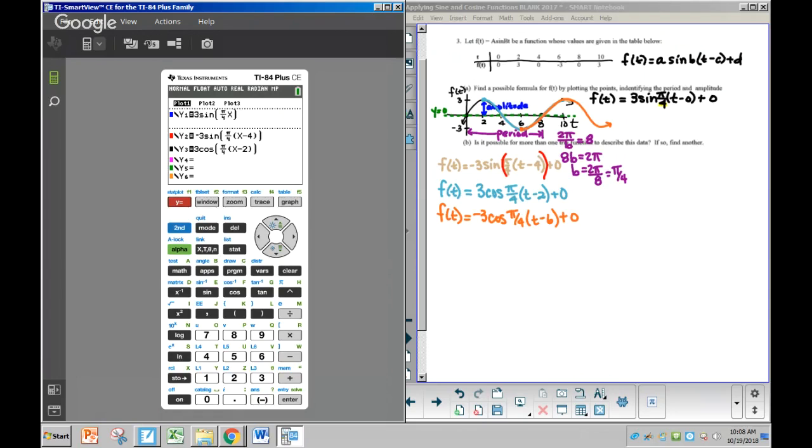And we'll put our fourth equation, which would be -3 cosine, alpha F1 gives us the numerator over denominator. Second pi divided by 4. Oops, I did it again.